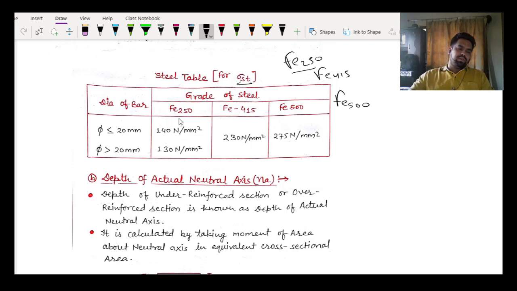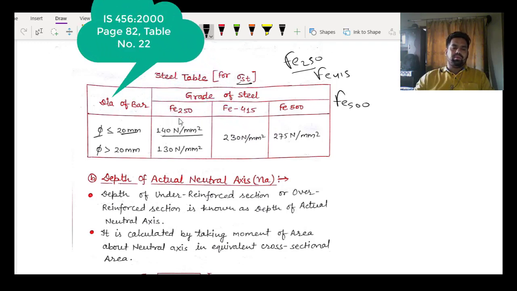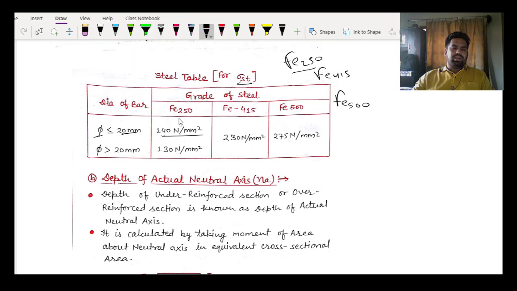If phi is the diameter of the bar, and phi is less than or equal to 20 mm for Fe 250, the sigma ST value will be 140 Newton per mm square, and if the diameter is greater than 20 mm, the sigma ST value for Fe 250 will be 130 Newton per mm square.